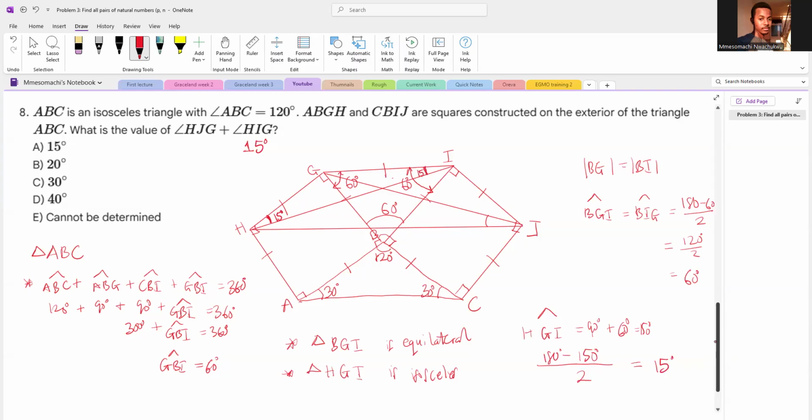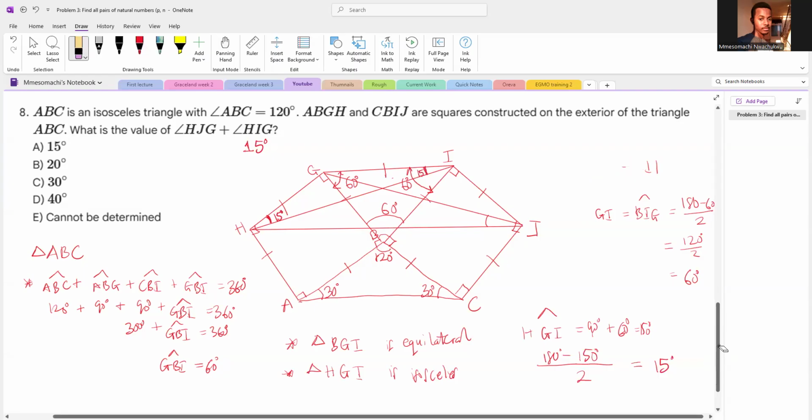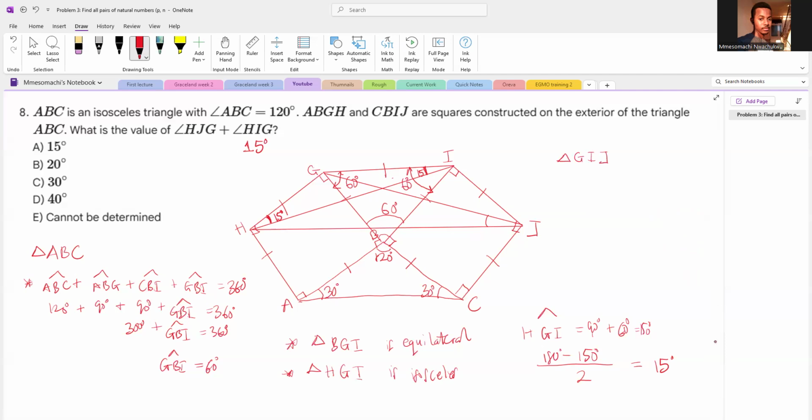Let me erase this. Okay, so we have triangle GIJ is also isosceles.